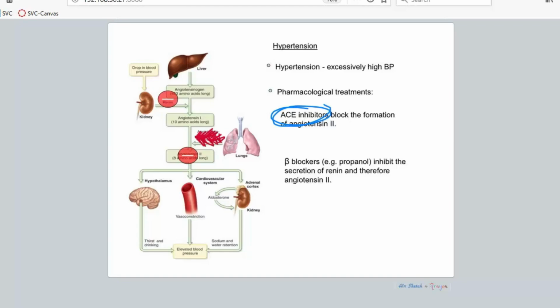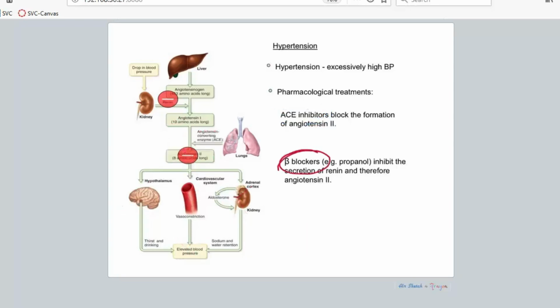It's going to prevent angiotensin converting enzyme from doing its job. And if that can't do its job, then we don't get the production of angiotensin 2. We can't convert angiotensin 1 to angiotensin 2. And if we don't have angiotensin 2, then we're not getting these effects here. We're not getting elevated blood pressure, and instead we're lowering our blood pressure.